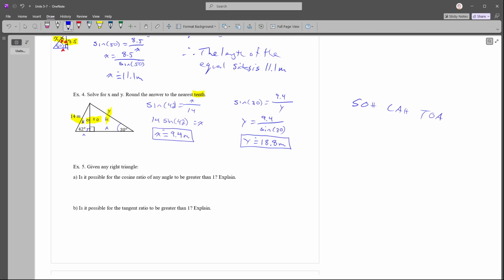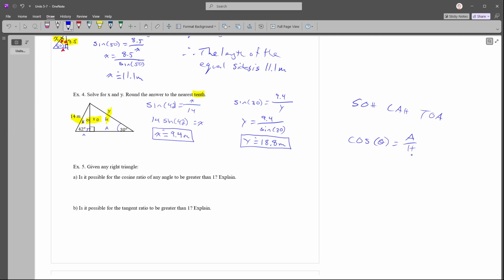Is that possible? Well, let's think about what that means. Cosine of any angle theta, which is adjacent over hypotenuse. Is it possible to have a value greater than 1? So what does that mean? For it to have a value greater than 1, that means that the numerator has to be larger than the denominator. Well, what's the problem with that?